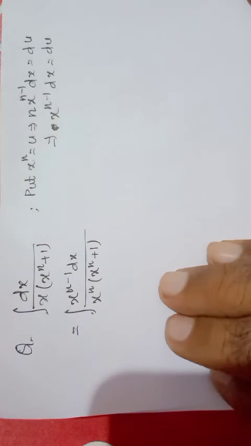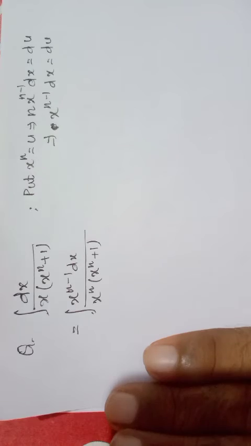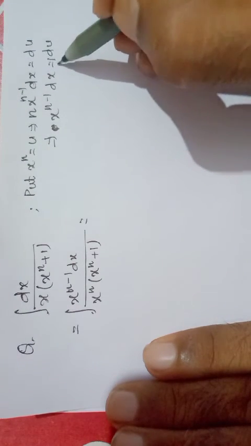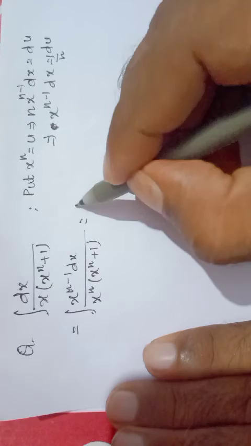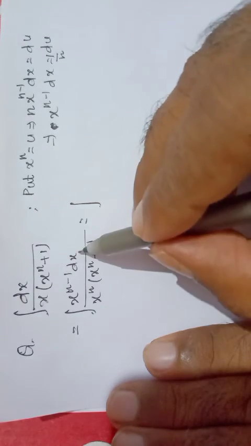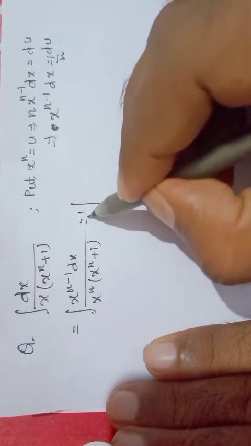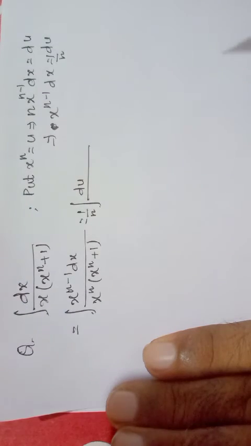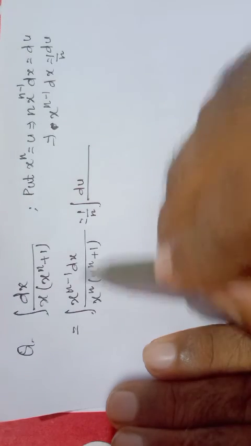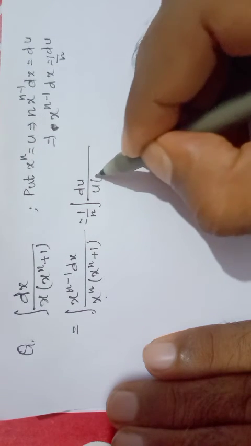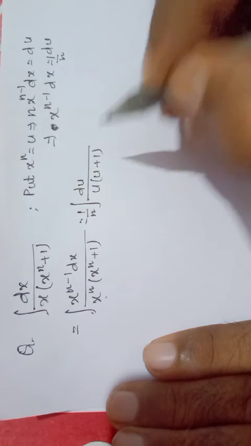Now this function should be written as, here 1 by n is left, x to the power n minus 1 dx, that means du by n is constant, so du by u into u plus 1, just like the previous problem.